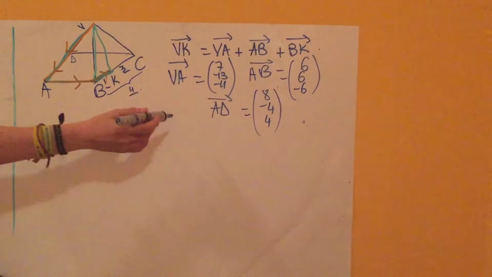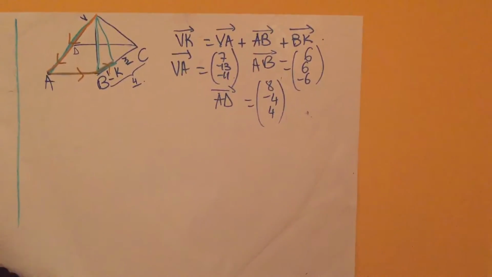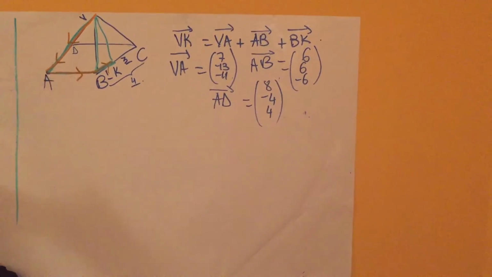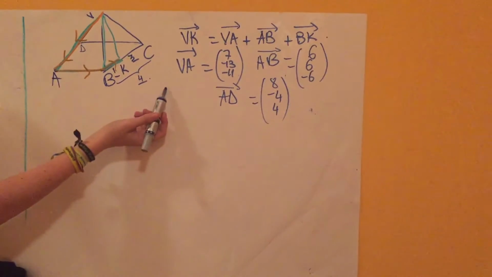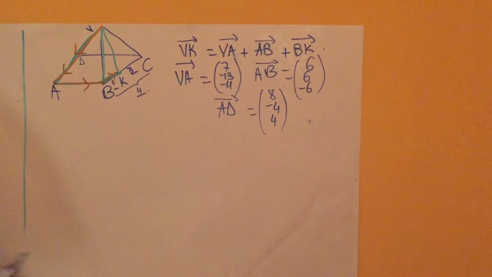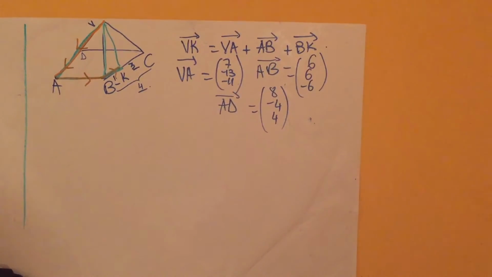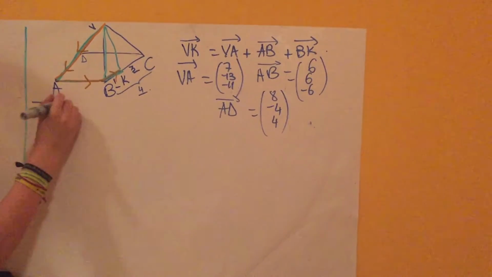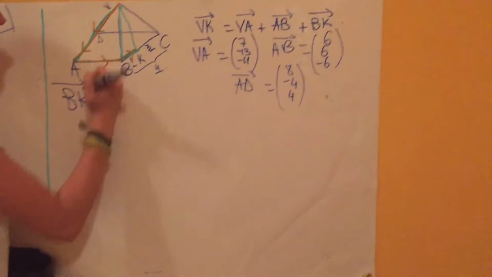Okay, so I wrote over here a few important things. First of all, I'm going to use the route VA to AB to BK, and I wrote the component form of some vectors which they gave us previously. But here we have a little problem. We don't know what BK is equal to, but we're going to figure that out now.